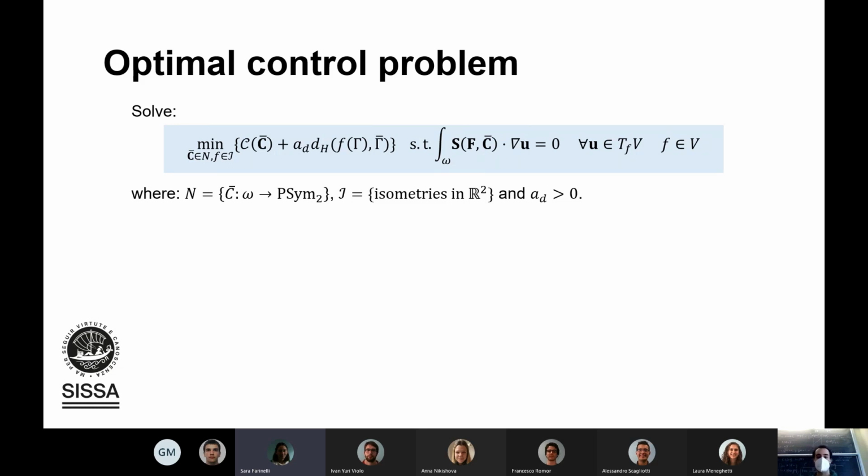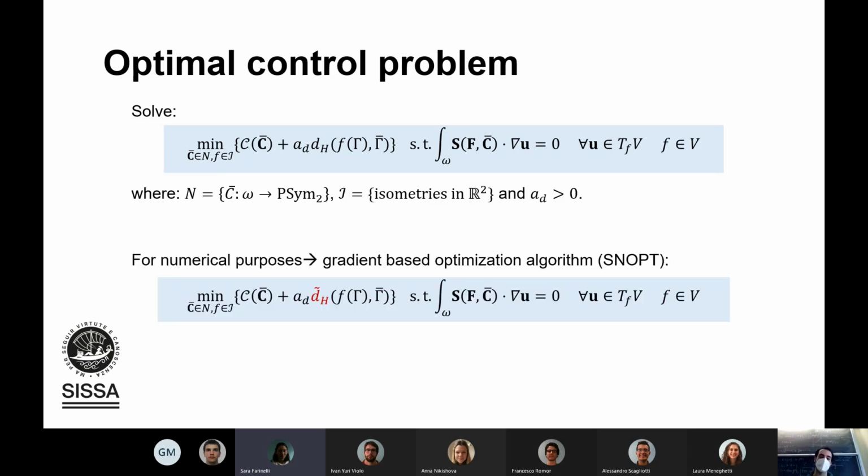So given a C bar, the solution is unique up to isometries. So we also have to minimize over isometries to get a meaningful problem. This is the problem that we want to solve. As already remarked, for numerical purposes, we need to introduce a smooth approximation of the Hausdorff distance, which is d tilde H.